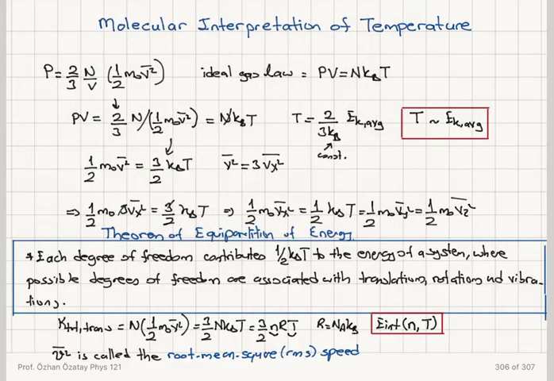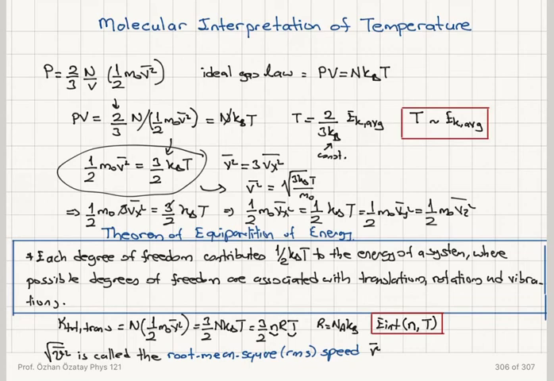Using the equipartition theorem, from this equation, I get that the root mean square speed is the square root of 3 kBT divided by m0, the mass of one molecule, or if you want to write it in terms of the universal gas constant, it's the square root of 3RT divided by capital M, the mass of one mole. That's the molecular mass.